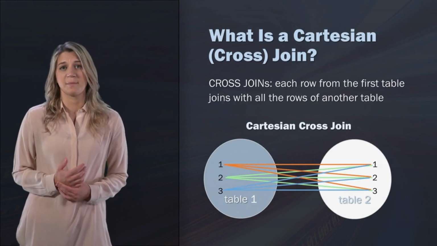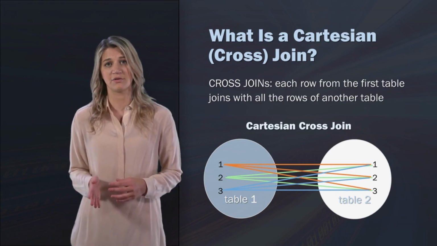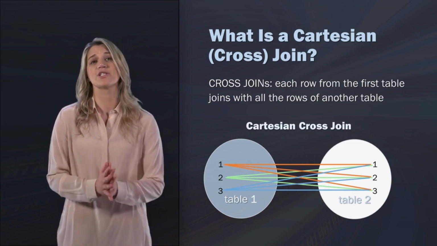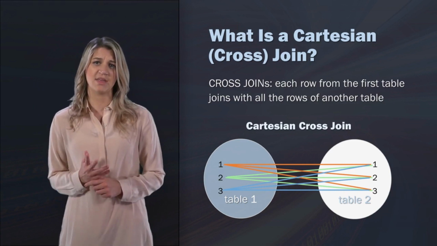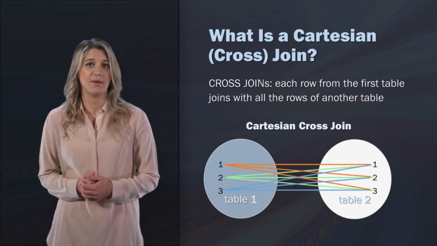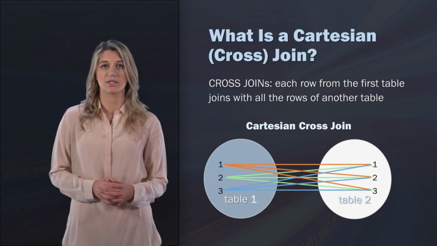So to begin, the Cartesian join allows you to take each record from the first table and match it with all of the records from the second table. So a way to think of this is the first table contains X rows and the second table contains Y rows.